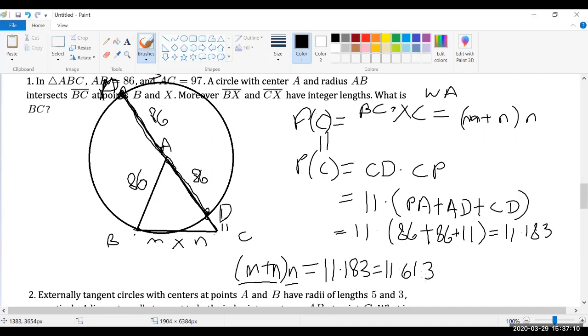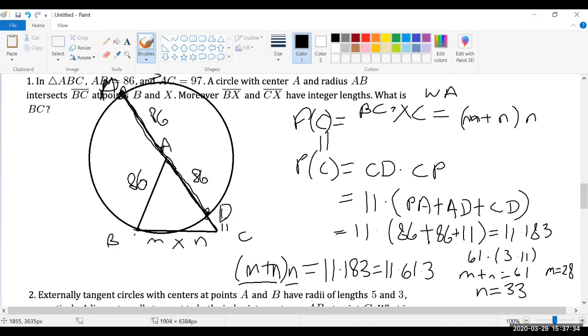Let's say M plus N was 61, and then N was 3 times 11. In this case, M plus N is 61, N is 3 times 11, or 33. And we see that this works because we see that M equals 28 in this case.